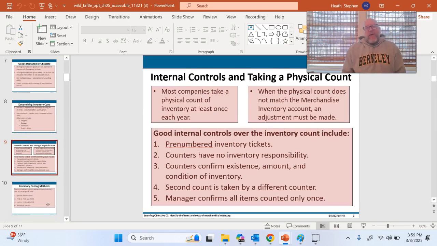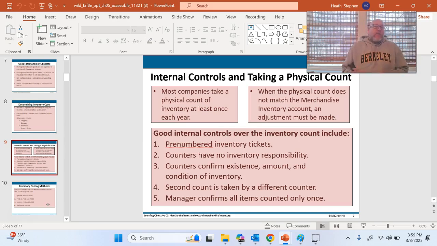Internal controls, I'm not really going to go through this. But there are ways for us to instill a set of procedures within our firm that would reduce the likelihood of employees or customers stealing our inventory.